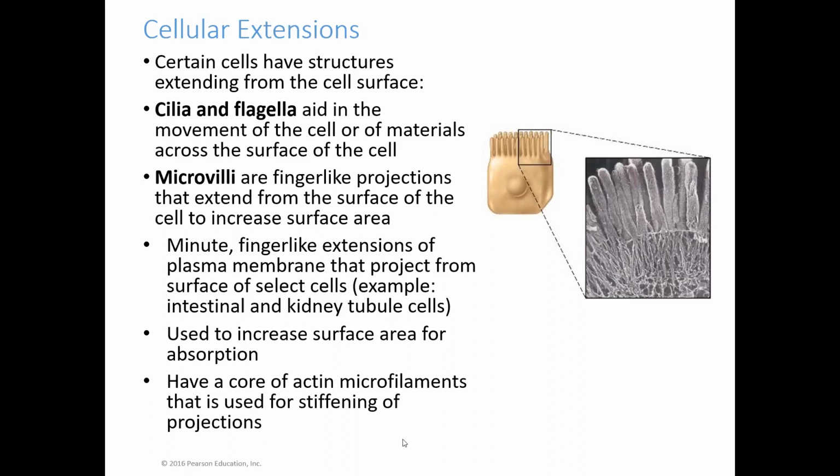Something else we have are villi and microvilli. Villi means fingers, and microvilli means little fingers. These are projections on the surface of cell membranes to increase the surface area. Like the simple columnar cells of the small intestine, they absorb all the nutrients.